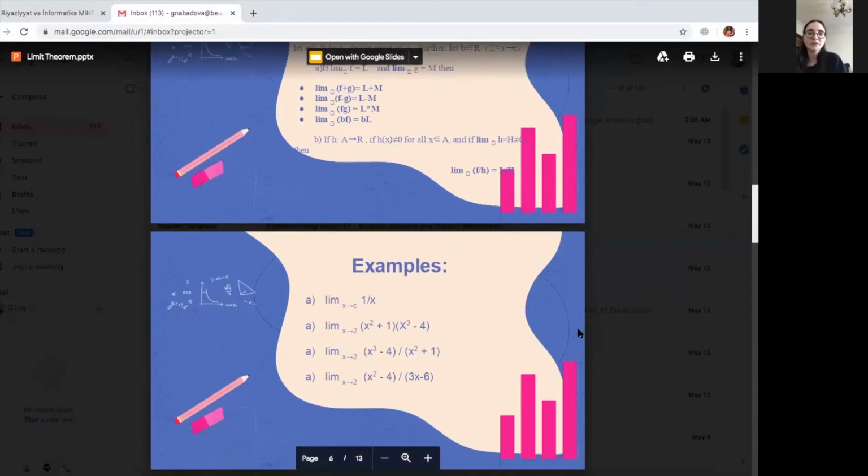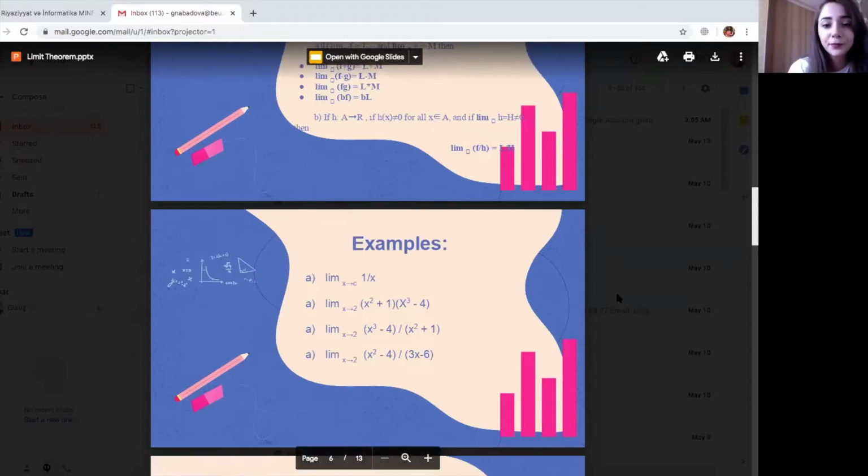And for the quotient: let h(x) not be equal to 0 for all x in A, and the limit as x approaches c of h is not equal to 0. Then the limit as x approaches c of f divided by h is L divided by the limit of h.